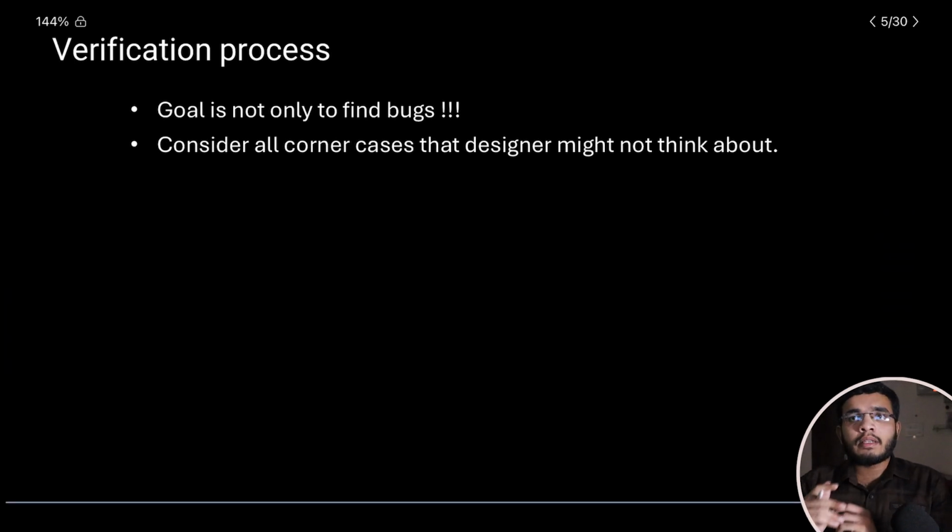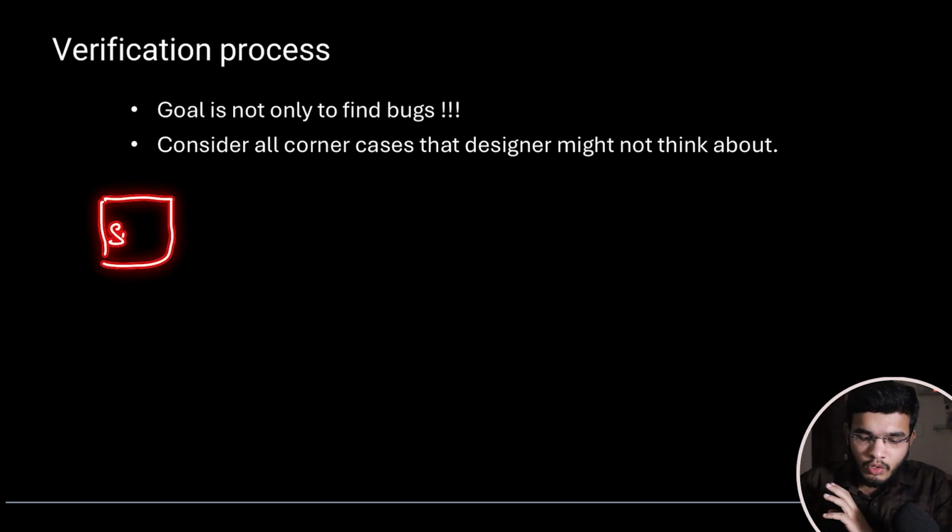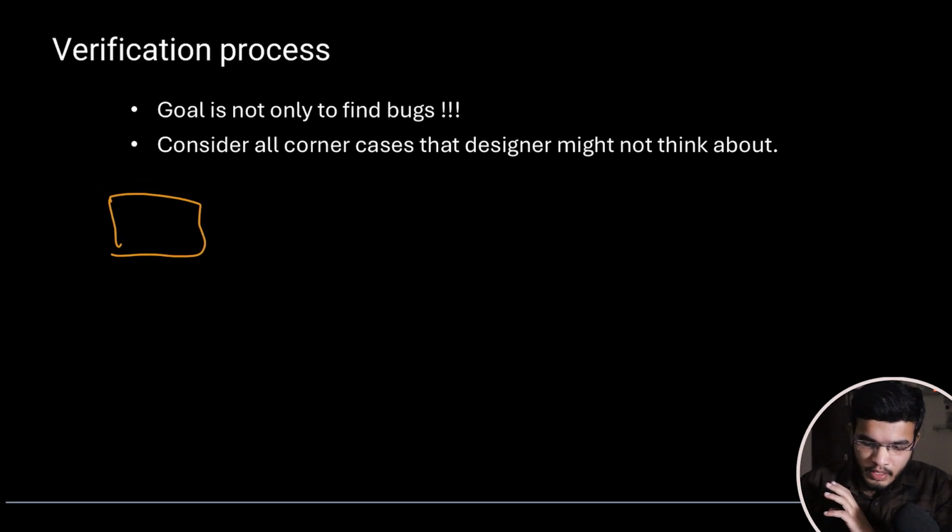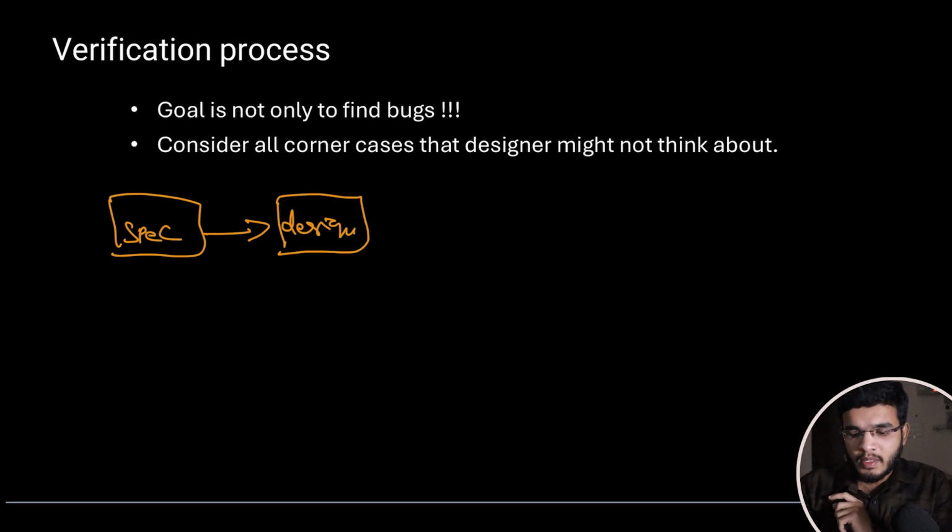When we say verification, it is absolutely not only to find bugs. What typically happens is, we have a specification document, and a design engineer designs based on the specification, typically written in RTL.